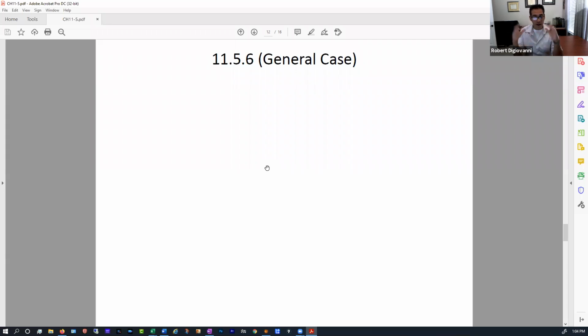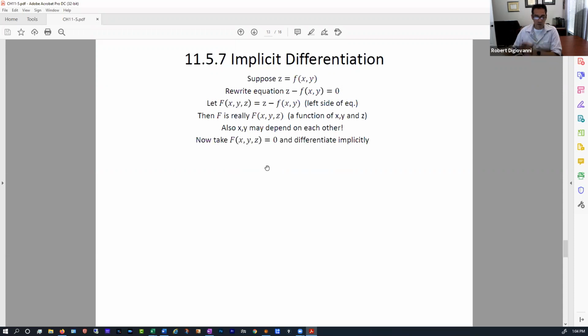This is kind of like wrapping everything up into one final thing. This is going to seem weird when we first do this. We're trying to discuss implicit differentiation, but with functions of more than one variable. We know what implicit differentiation looks like in Cal 1, but what does it look like here? Suppose we start with a function of x and y, and that means you can solve the equation for z.